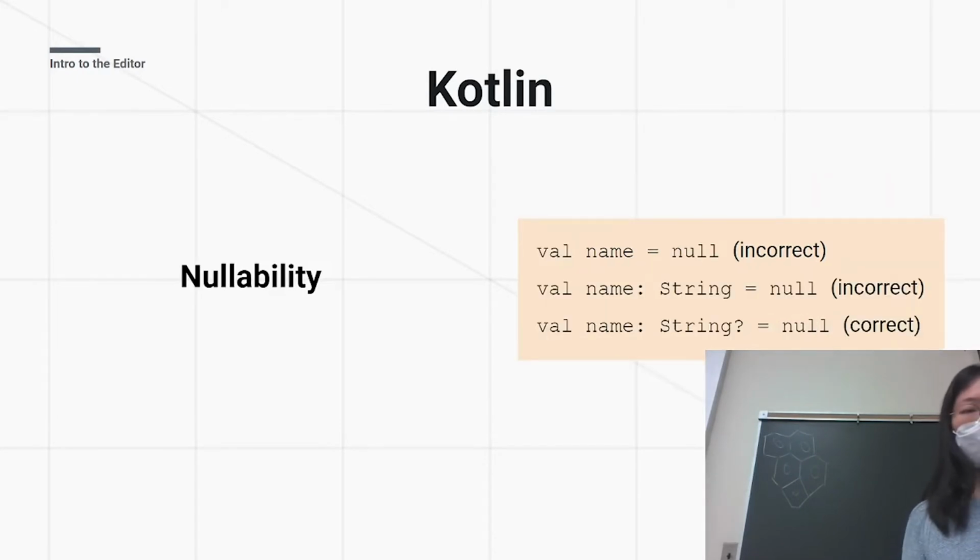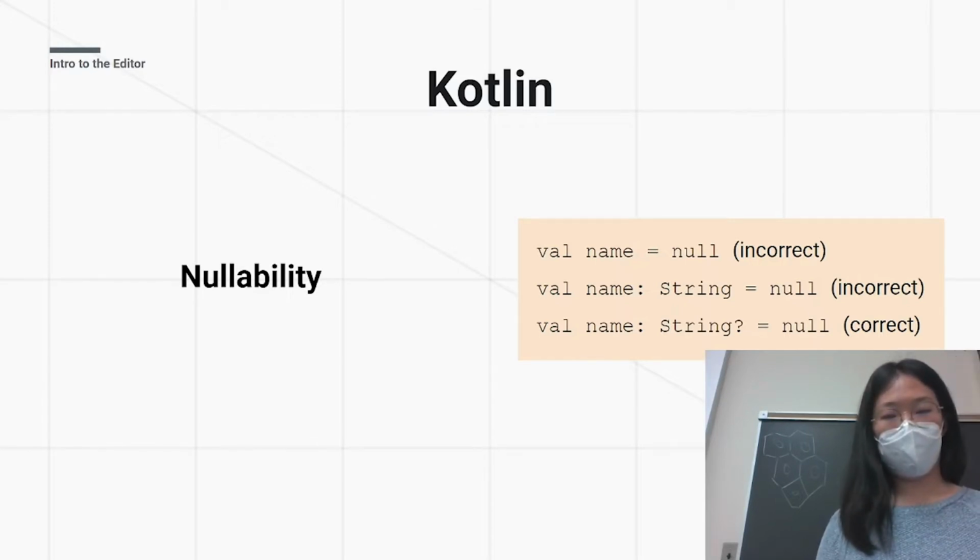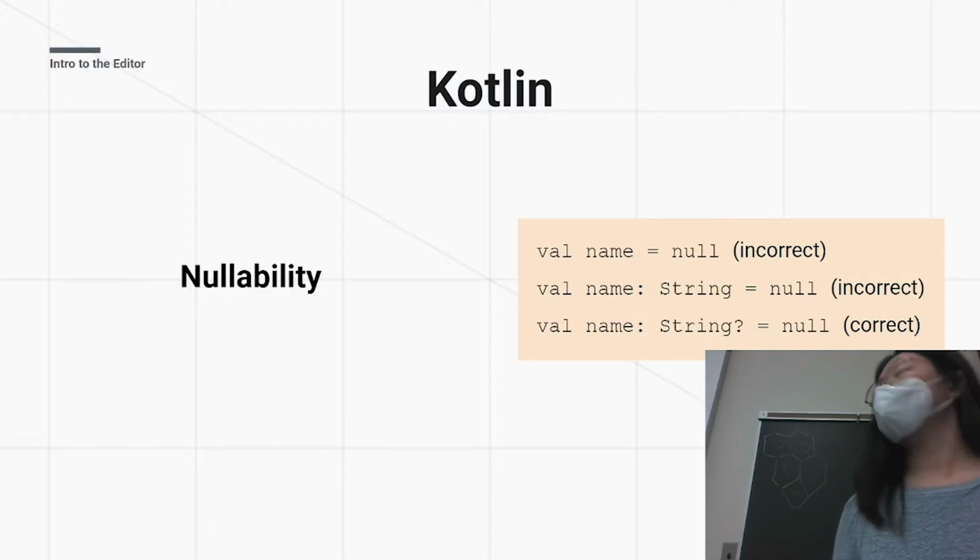And the last part is nullability. Kotlin is big on nullability. If you're coming from Java, you probably suffered a lot from null pointer exceptions. That's no more in Kotlin. If you take a look at the first line, val name equals null, you can't explicitly say that something is null. You have to delineate it with a question mark. See in the third line, there's a question mark at the end of the string.